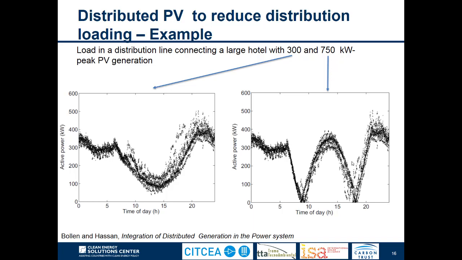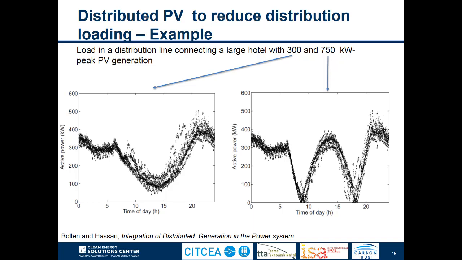On the left side, we see that when the PV starts to generate power, the line loading is being reduced, and the minimum loading in the line happens more or less at the same time as the maximum PV production. If we keep increasing the size of the PV power plant, we see that something different is happening.